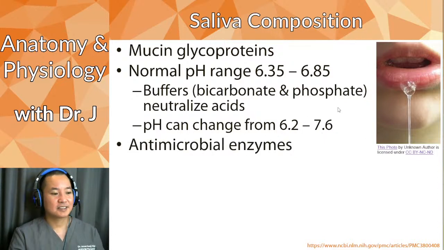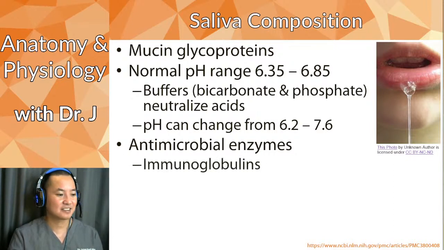Now, you also find things like antimicrobial enzymes. Remember that the first point of entry of your food to your inside environment is through the mouth, but that can also be the point of entry for a lot of pathogens as well. So it makes sense to have a lot of enzymes that help to neutralize any potential pathogens that can cause diseases.